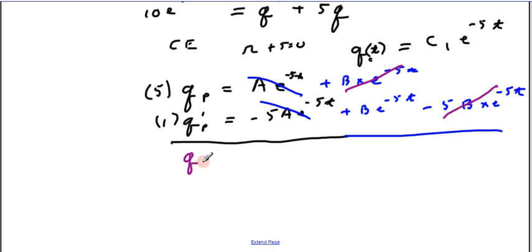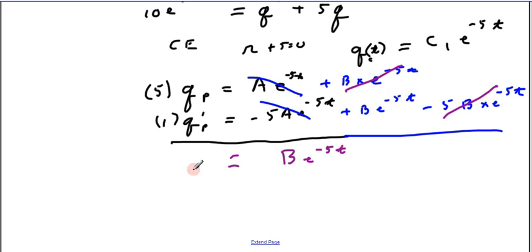So I'm going to have b e to the minus 5t, and what am I supposed to get?